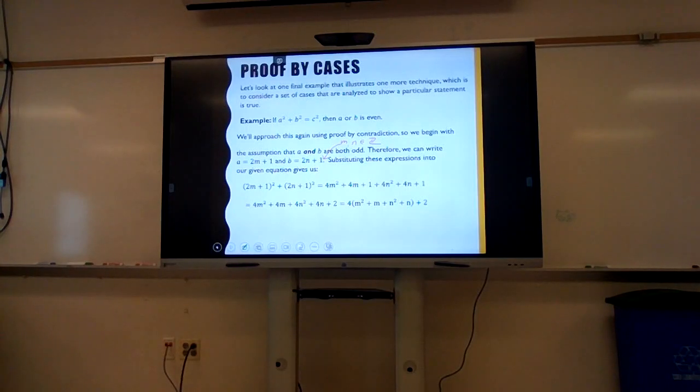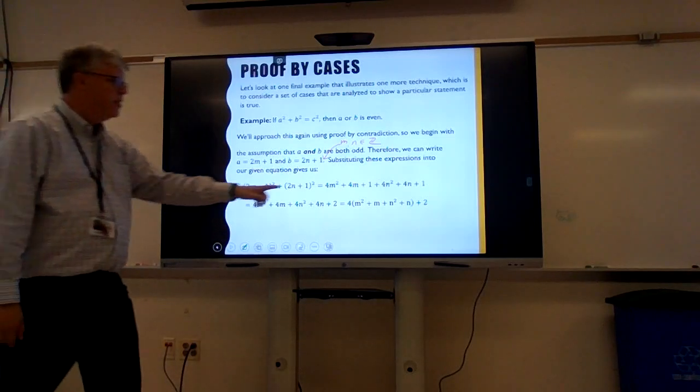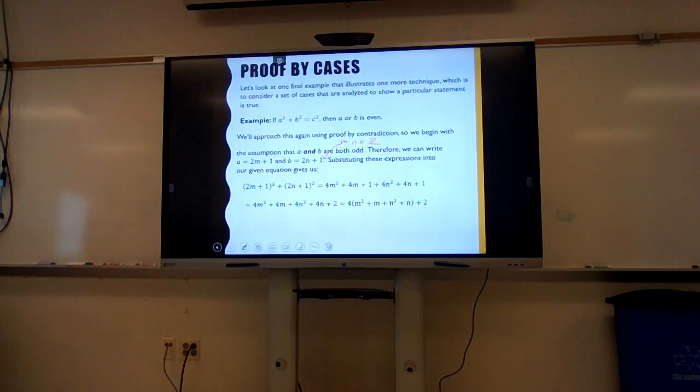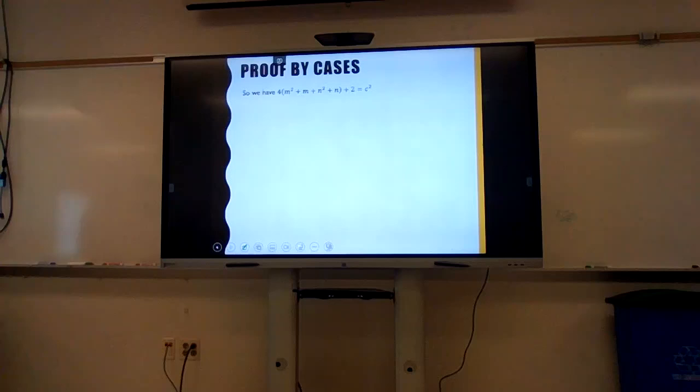Now, remember, with proof by contradiction, you just keep writing true things until you get to a contradiction. So what I have right now is that this thing would be equal to c squared. The only thing I know about c is it's a positive integer. So c squared could look like that, right? That's not a contradiction. So we just keep going. Okay? Now, here's where the cases could be set up in this one.